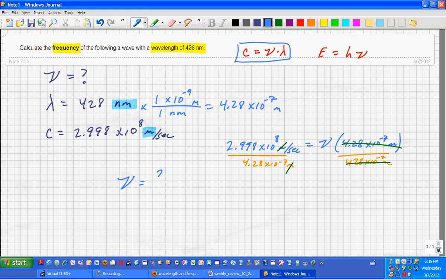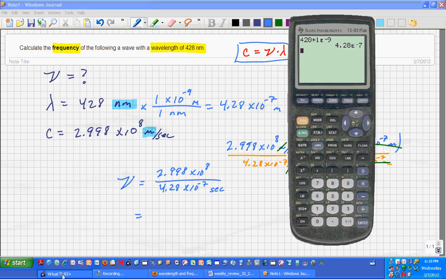nu is equal to 2.998 times 10 to the 8th, seconds goes to the bottom, over 4.28 times 10 to the minus 7th, which is, let's go ahead and divide that out.